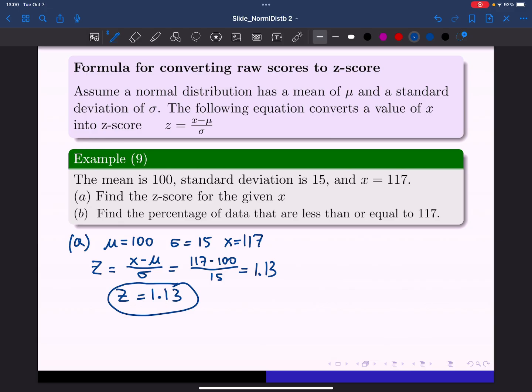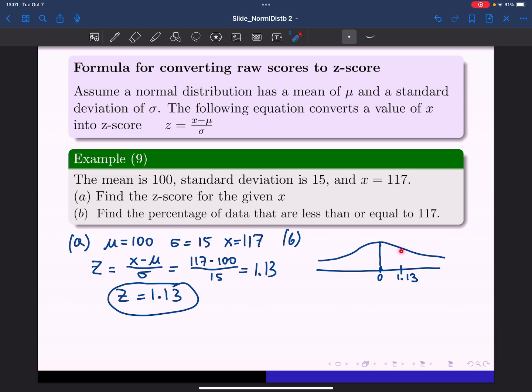So for part B, if I draw the normal distribution bell, here is my 0, and here is my 1.13, and what percentage of data are less than or equal to this one.